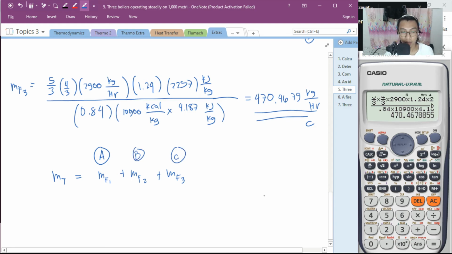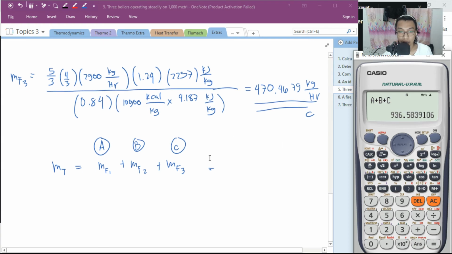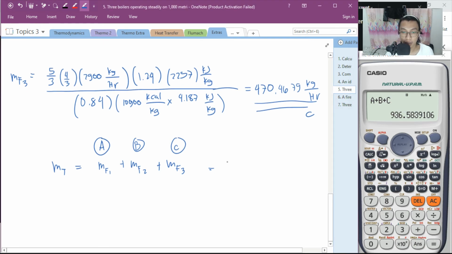Makuha natin yung mass total. What is the mass total? A plus B plus C. The answer is 936.5839 kilogram per hour yung consumption ng tatlong boiler.